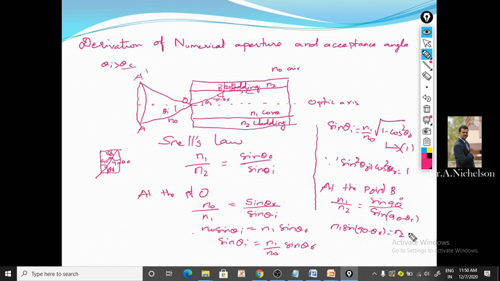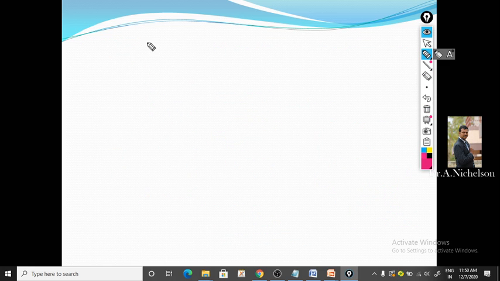So let us erase some of these things, or we can delete this completely. Just remember the last one. So n1 into sine 90 minus theta r is equal to n2 into sine 90 degree.